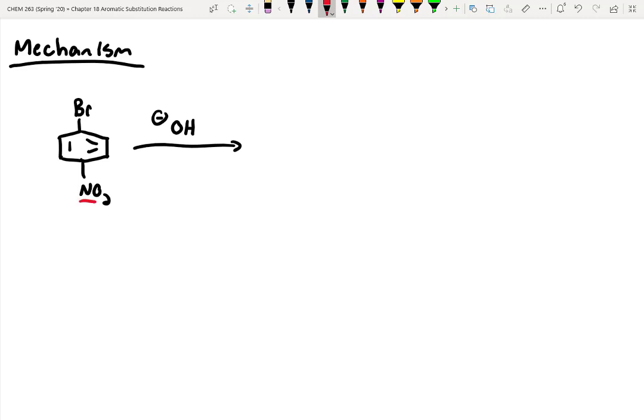If we were to draw the resonance structures, we would see that there's a partial positive para and ortho to that nitro group. If anything, that reiterates why in electrophilic aromatic substitution reactions, the meta positions are the most reactive. It's that the para and ortho positions are not nucleophilic.